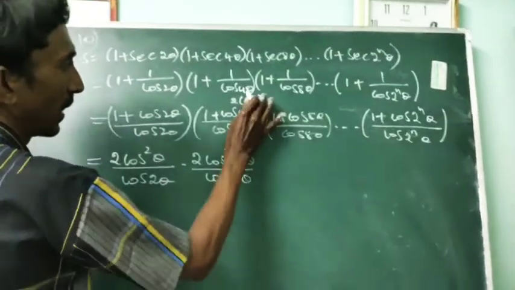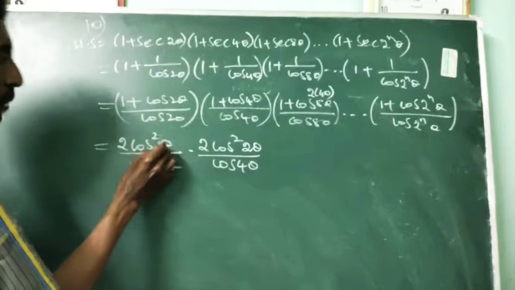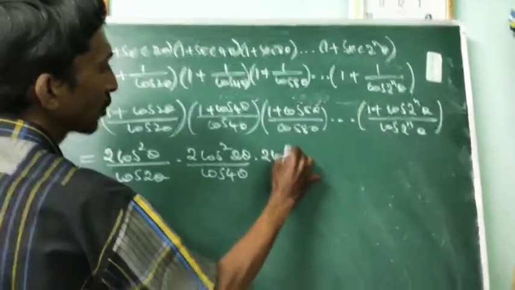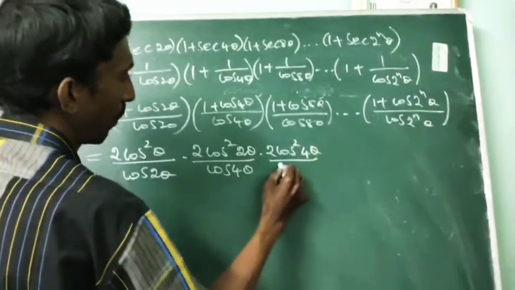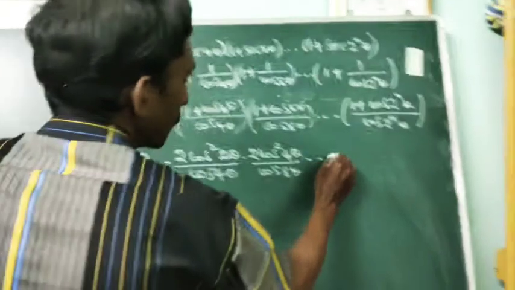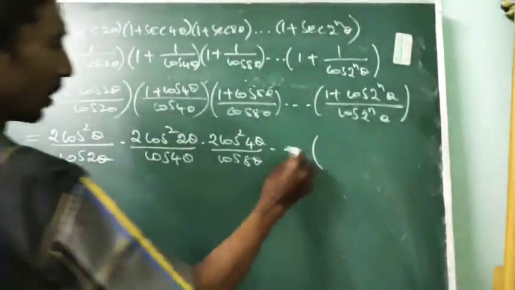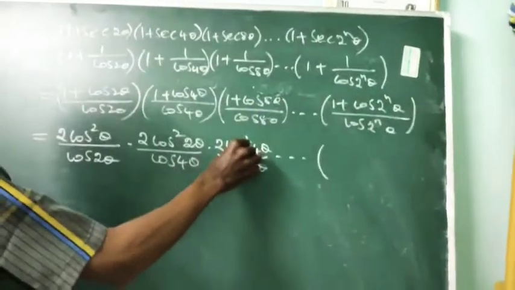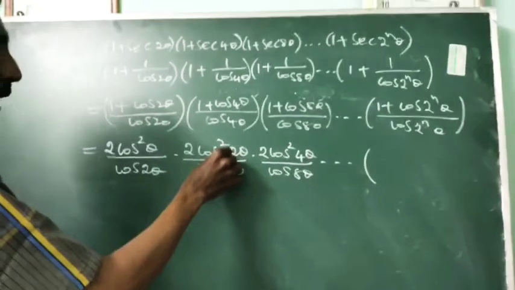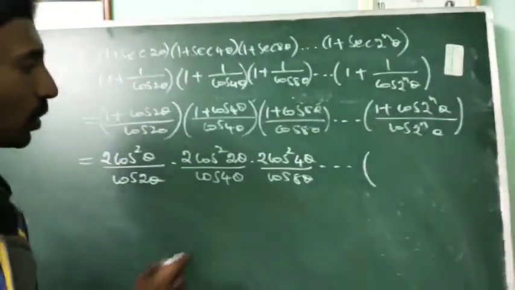Similarly, 8 can be written as 2 into 4 theta. So instead of theta, put 4 theta. So 2 cos square 4 theta by cos 8 theta, etc. What is this? 8 means 4, 2 cube means 2 square, 2 square means 2, 2 means 1, 2 power 0.